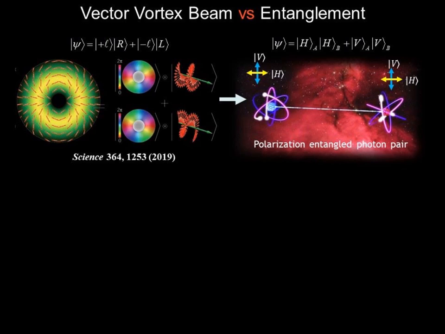Such a non-separability between orbital angular momentum and polarization is very similar to the non-separability in quantum entanglement. For example, the polarization-entangled photon pair, where you cannot tell what the polarization state of the particle is until you measure the polarization of one particle as horizontal, and then you will immediately know the polarization of the other particle is vertical, and vice versa.